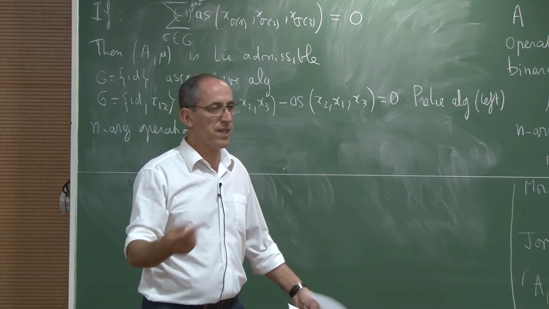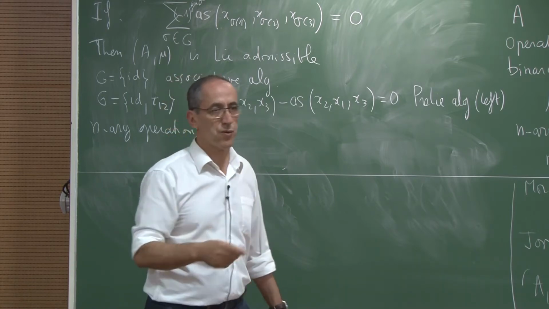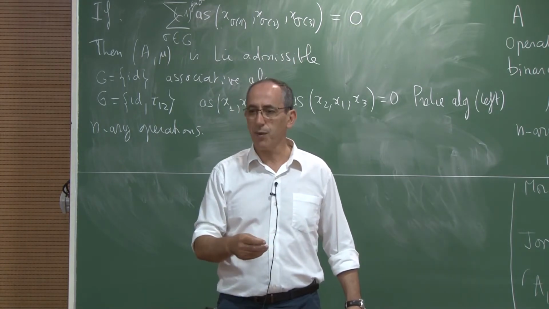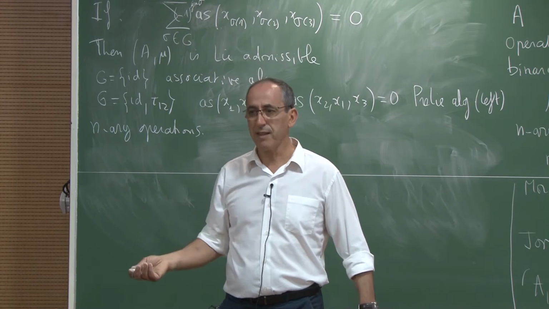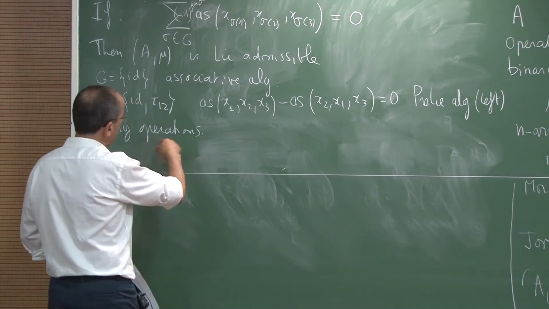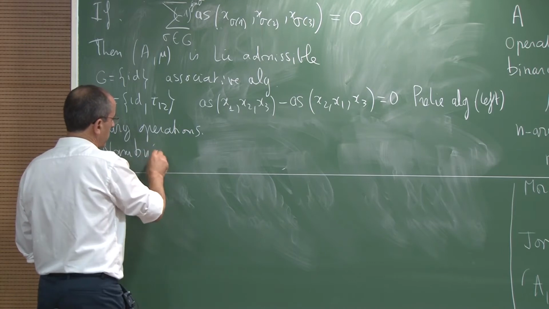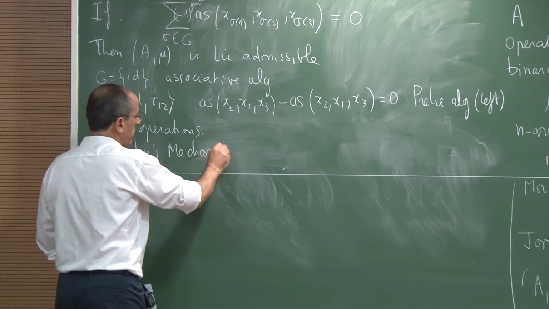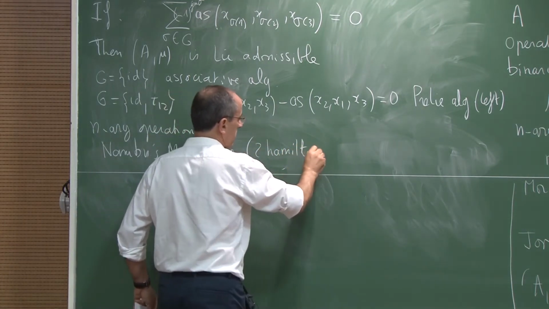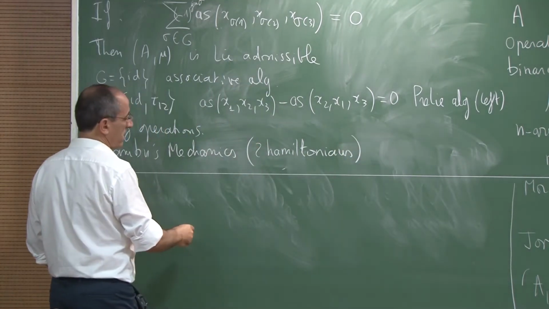What about physics with, for example, two Hamiltonians? If you want to use two Hamiltonians, what you need is a bracket with 3 legs, a ternary operation. It turns out that when you do what is called Nambu mechanics with two Hamiltonians, what we need is a ternary bracket.